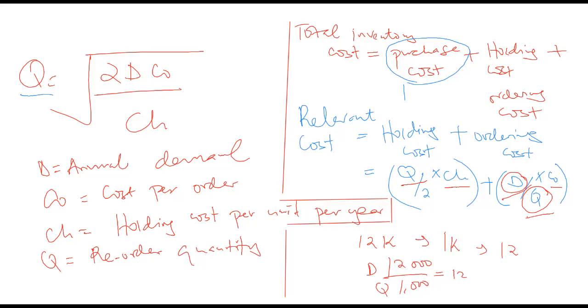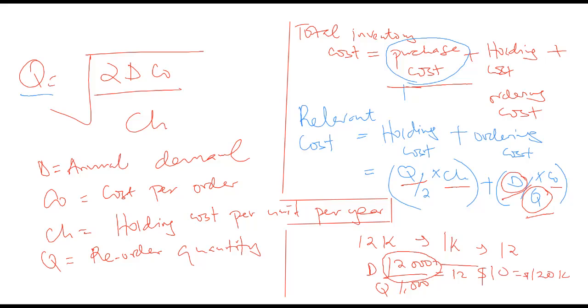As I mentioned, if we follow the assumptions of the EOQ, purchase cost is an irrelevant cost. If in a year you are required to order 12,000 items and the purchase cost per unit is $10, then the cost to purchase the items in a year is 12,000 times the cost per unit, giving $120,000.